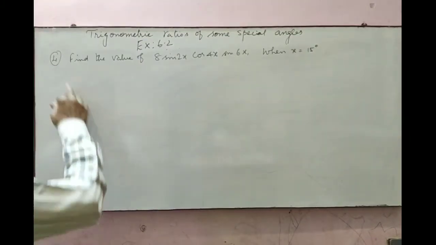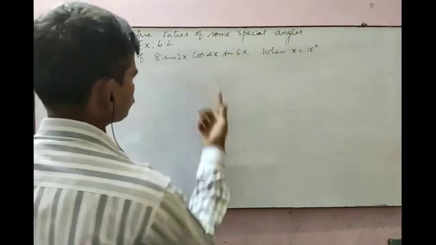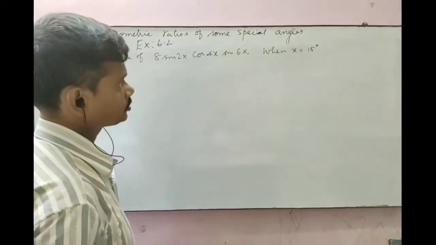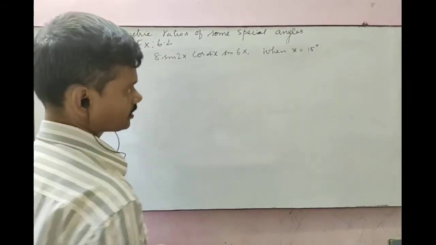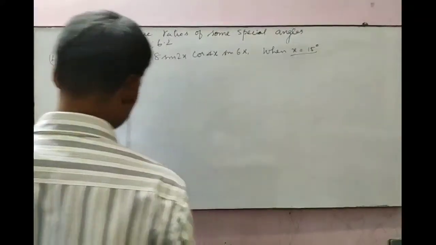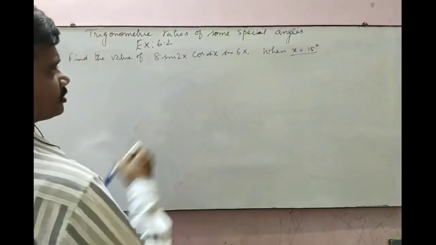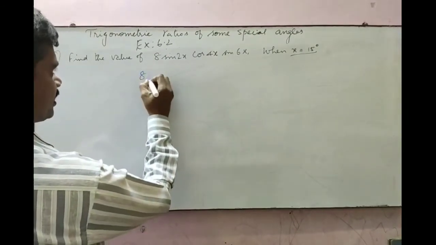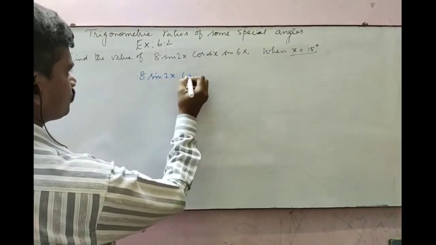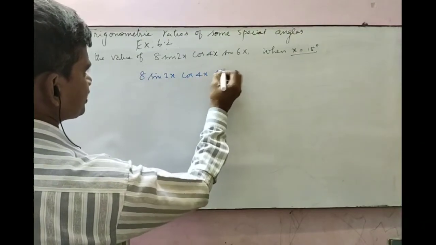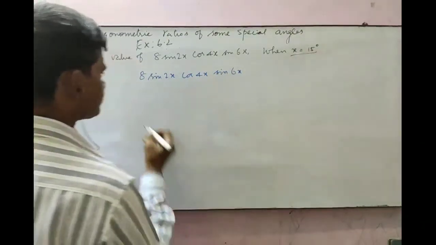The next one, the last sum, fourth sum: find the value of 8 sin 2x cos 4x into sin 6x. Here the value of x is given as 15 degree. So I am going to take the equation 8 into sin 2x cos 4x into sin 6x. Substitute the value of x as 15 here.